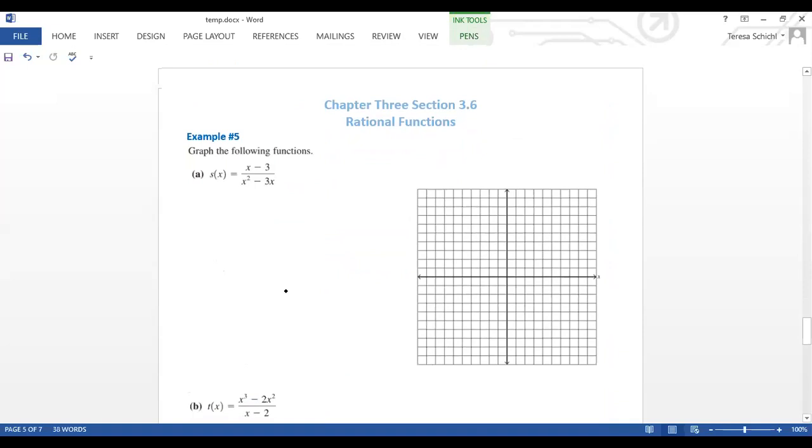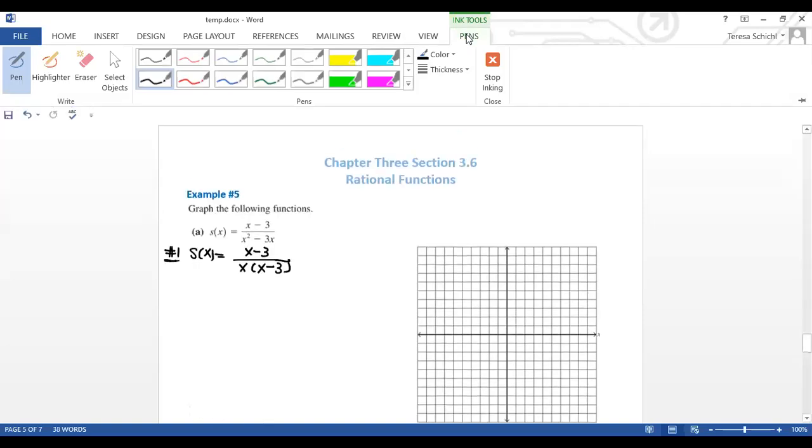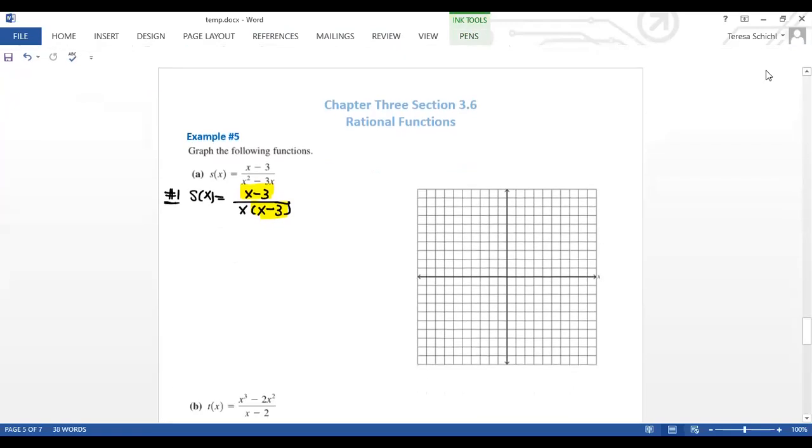Okay, so now let's take a look at this one here. We said graph the following function. As always, what is the first step here? The first step is to factor, right? So the s(x) here, you can take the x out, and then this is x minus 3 over x times x minus 3. The x minus 3 and x minus 3 are the common factor, and that is when x equals 3, which you cannot make.